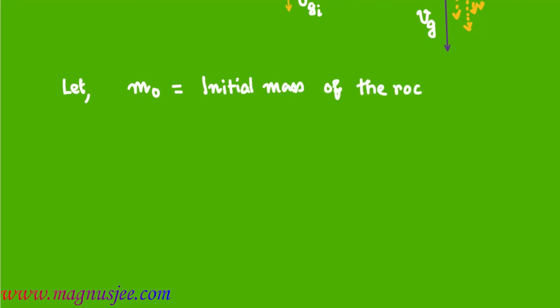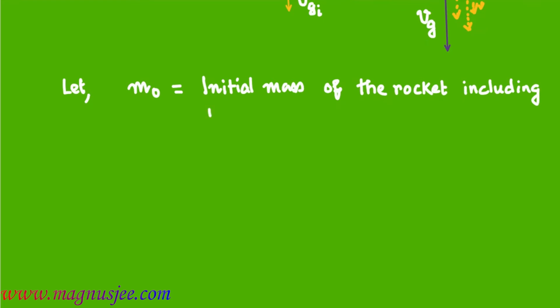Now let m0 be the initial mass of the rocket, including its fuel.